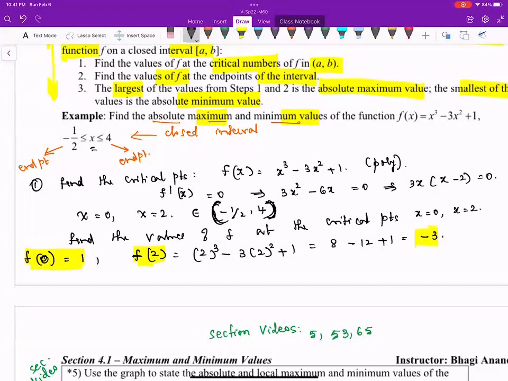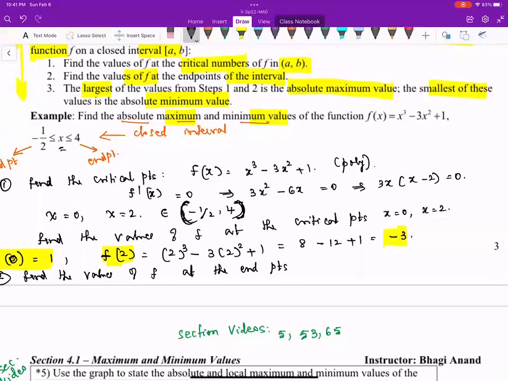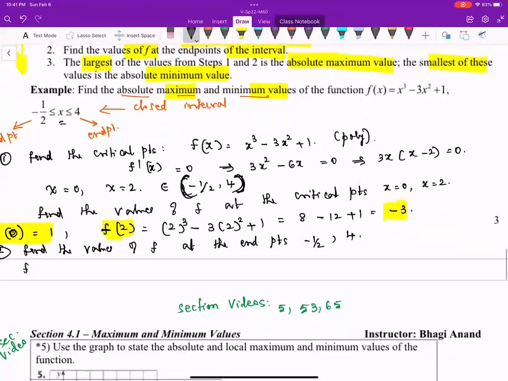All right, now we have to find the values of f at the endpoints. What are the endpoints of the interval? -1/2 and 4. So we have to evaluate f(-1/2). You plug -1/2 into x in the original function.